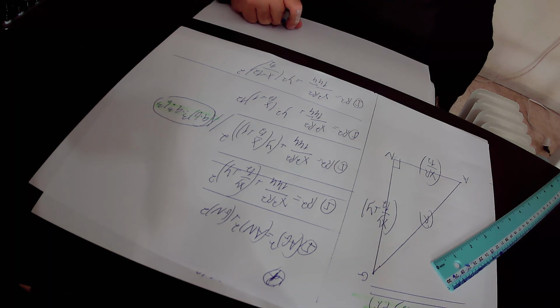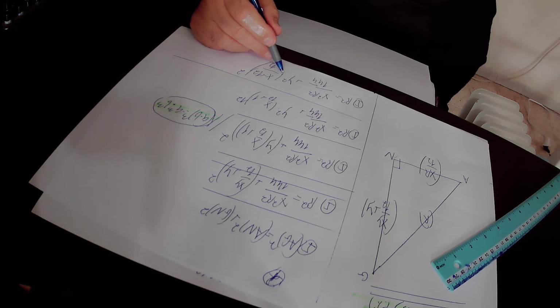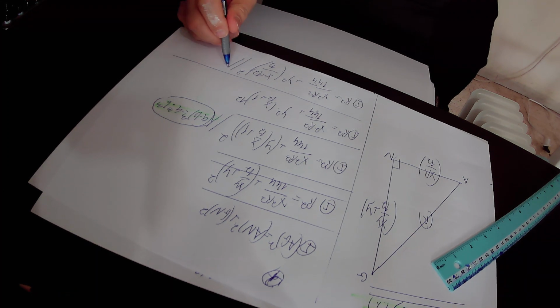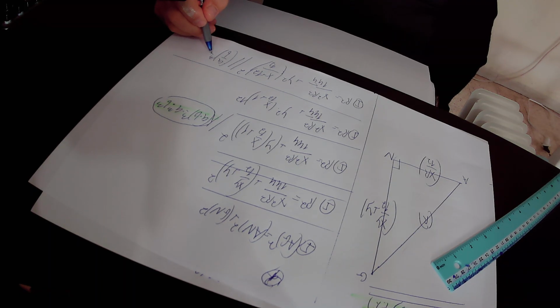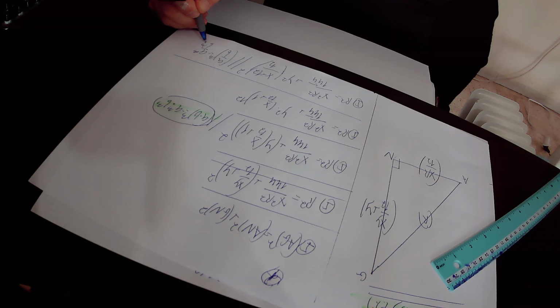So here we use the algebraic identity that (a over b) to the power of m equals a to the power of m over b to the power of m.